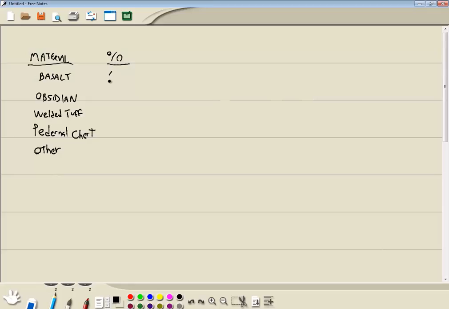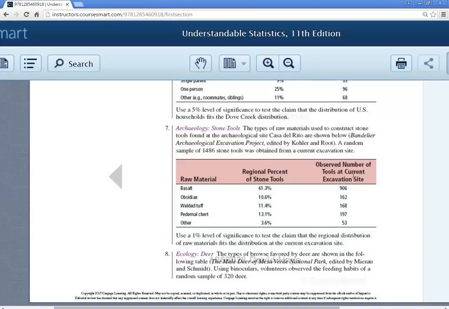So I got 61.3. We got 10.6. 11.4. 13.1. 3.6. And the observed number of tools at the current excavation site.